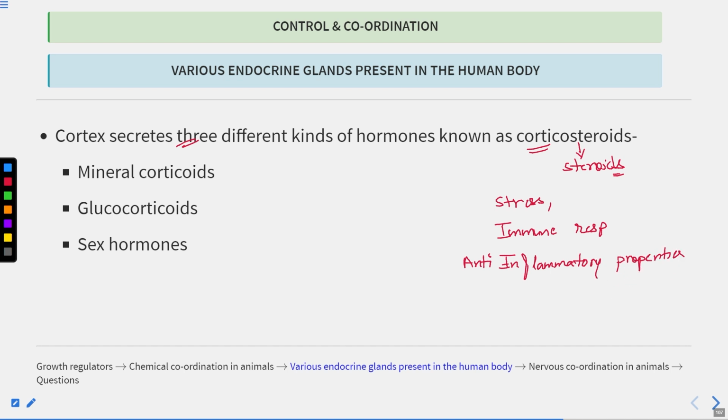Nowadays, we can artificially synthesize these corticosteroids, and they are used as medicine, especially in rheumatoid arthritis.